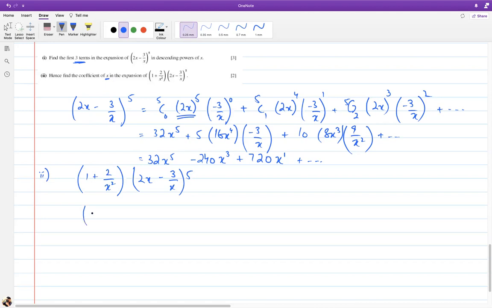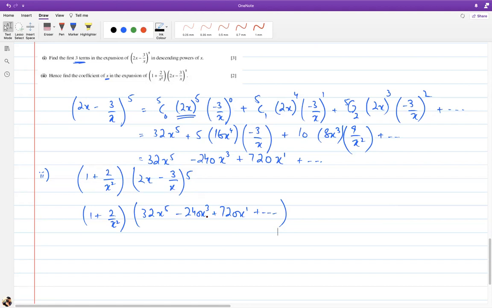Now look at this carefully. This is this. And this thing is, of course, 32x power 5 minus 240x power 3 plus 720x power 1 plus whatever. I can easily multiply the whole thing and then figure out the power 1 term and take that out. That will be a really stupid way, honestly.